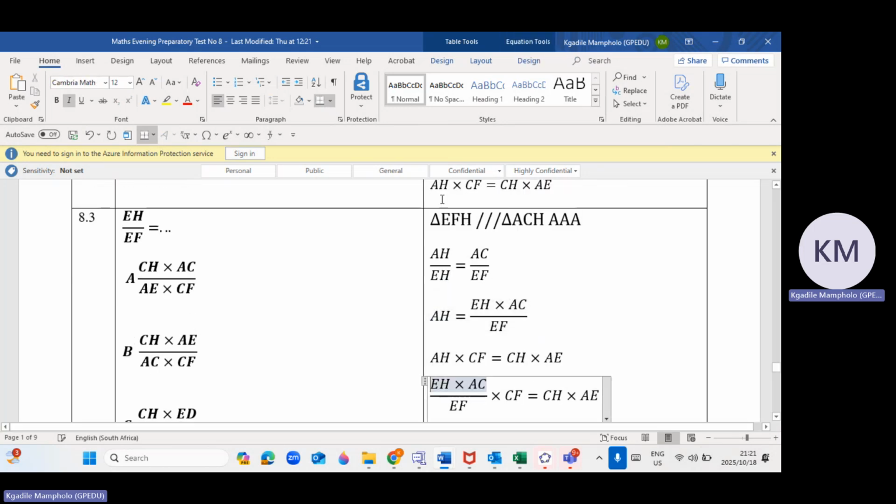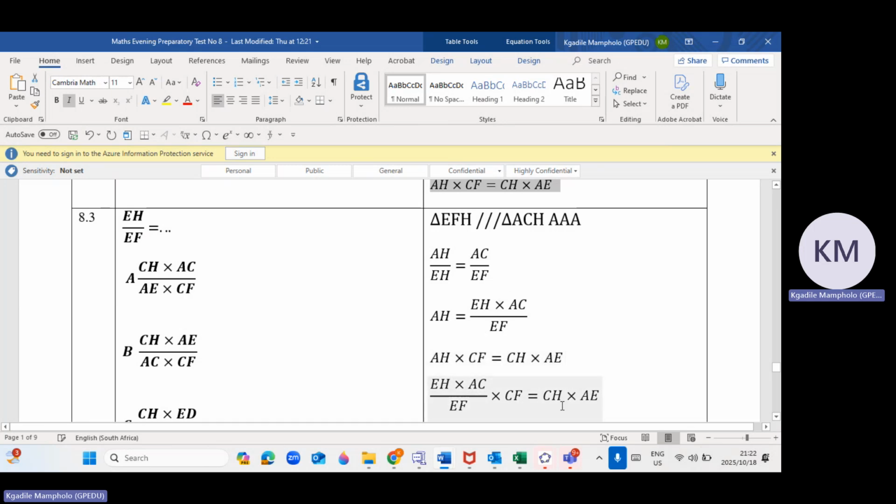Now you go back to number 2. In number 2, where there's AH, you put EH times AC over EF. Then you substitute AH by the answer you got here.